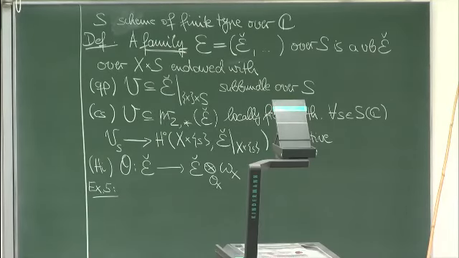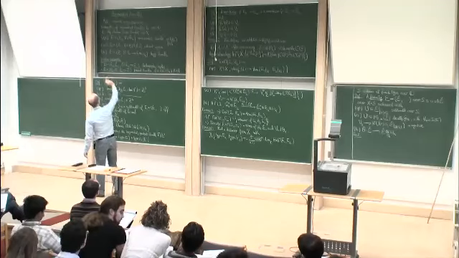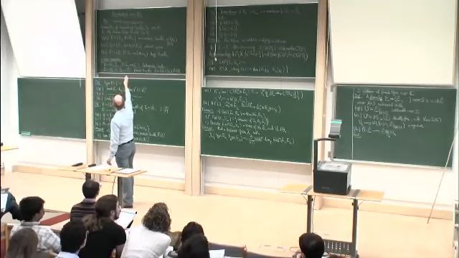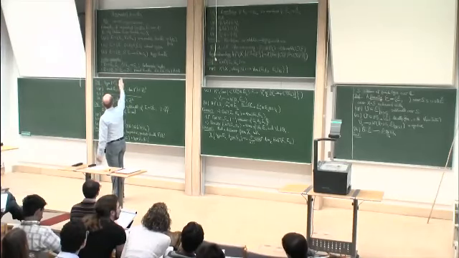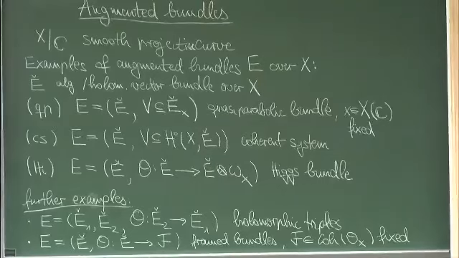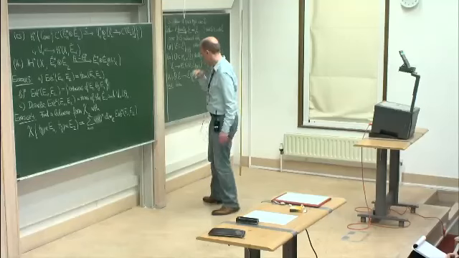If you're given the underlying vector bundle E check, then quasi-parabolic structures are just parametrized by some Grassmannian, coherent systems also by some Grassmannian, and Higgs bundles on that underlying vector bundle just by some vector space of maps between these two. And that generalizes to families, although it gets a little bit more complicated here. That's why I make it an exercise.